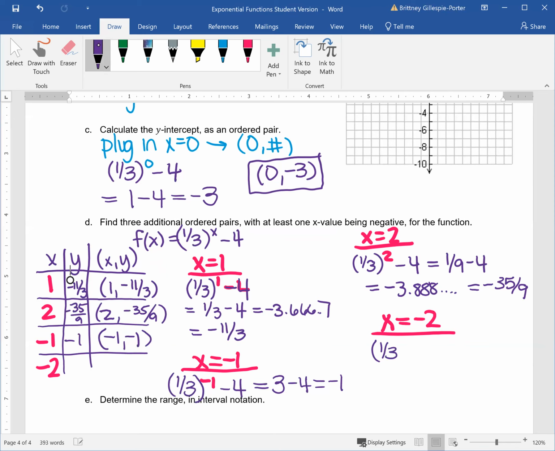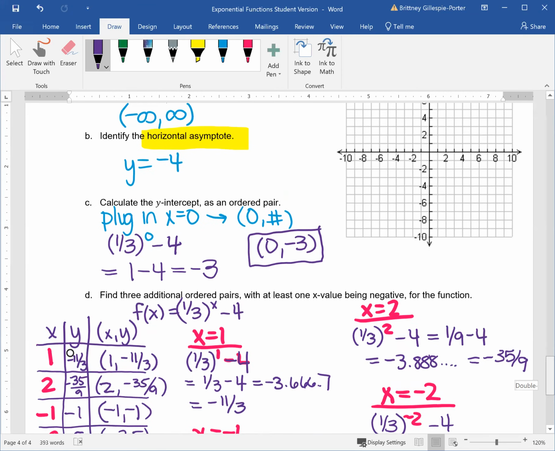We would have 1/3 to the -2 minus 4. If you take 1/3 to the -2 in your calculator, you should get 9 minus 4, which gets us 5. So we have the ordered pair -2, 5. Notice the more negative we get, the higher our y value.